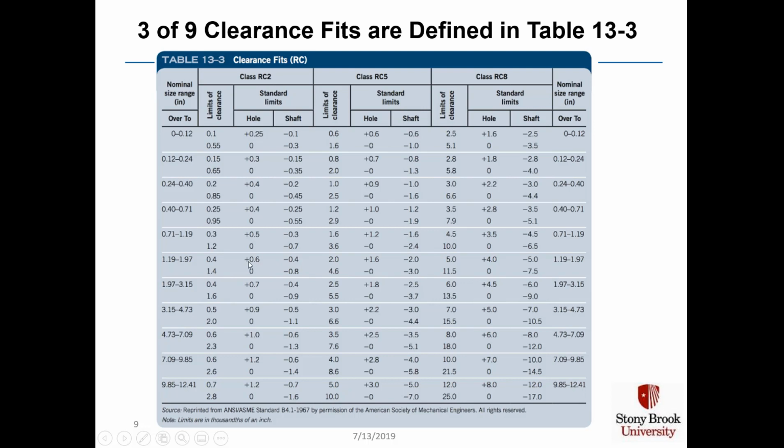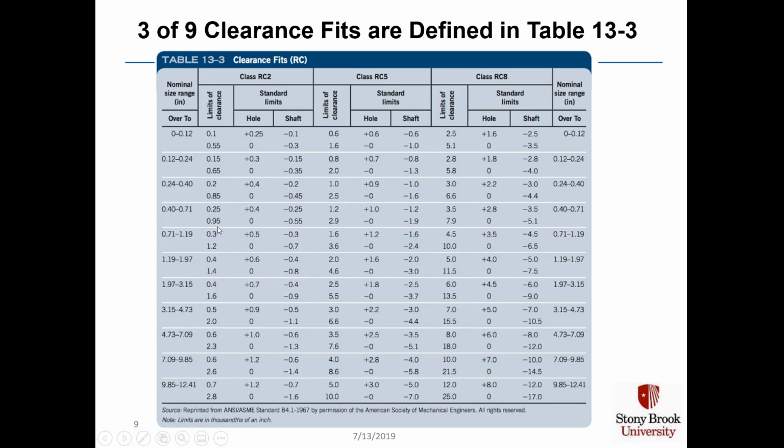So if it says plus 0.6 here, that means plus 0.0006 inches. Same with the minus. Suppose we have a nominal 1-inch hole and we want to go with an RC2 clearance fit with the shaft. So a 1-inch hole is somewhere between 0.71 and 1.19.